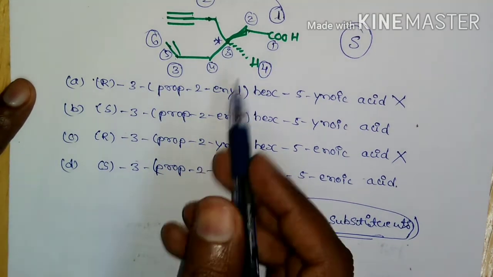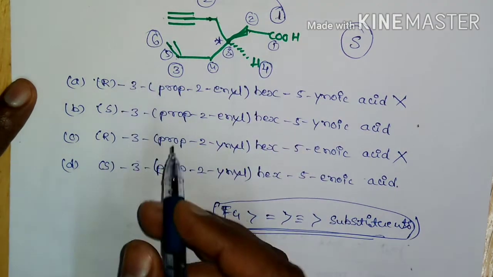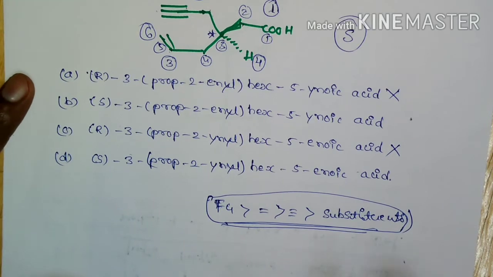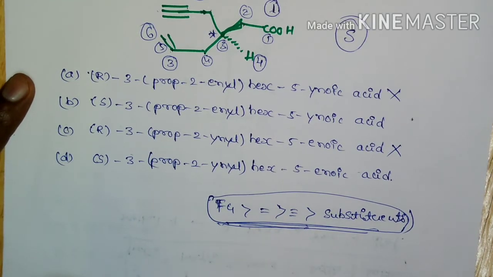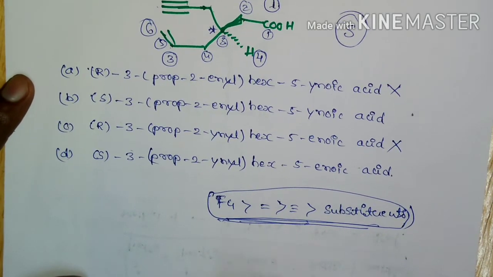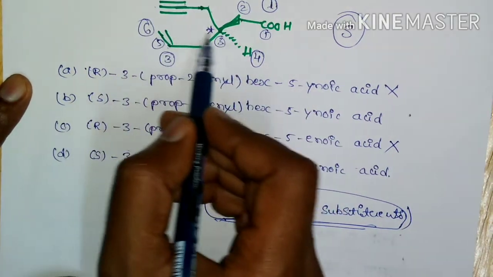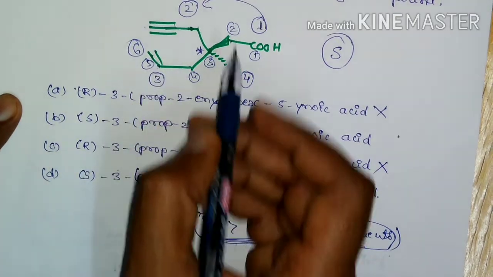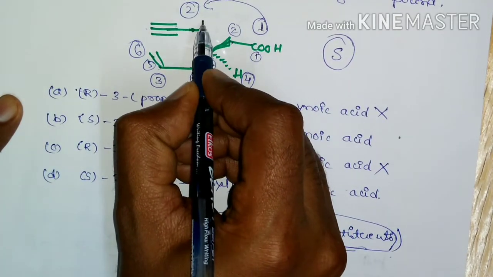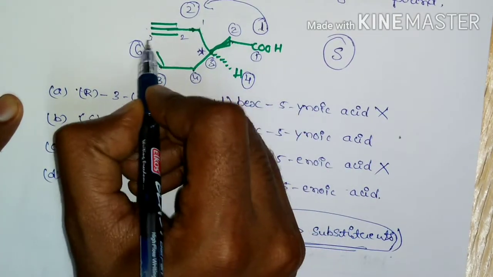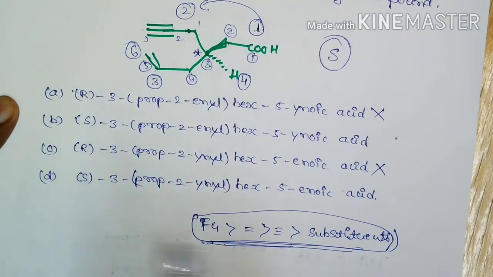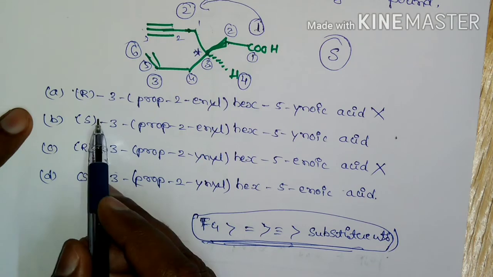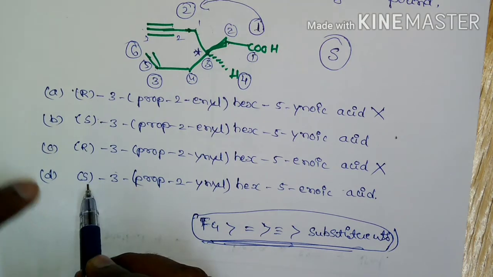Since we are going to have the same long chain of 6 carbon atoms, we are going to follow this priority. Now this will become a substituent, so we need to number this one: 1, 2, 3. So this is propenyl. If you see the options, here also S configuration, this is also S configuration.